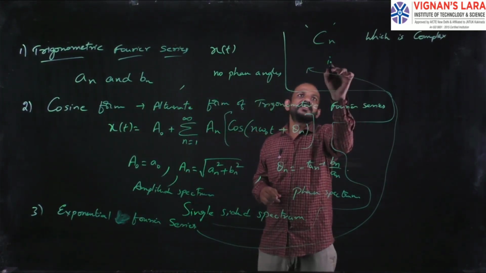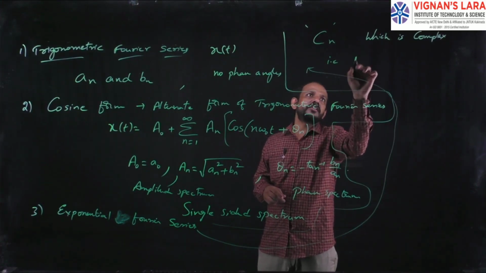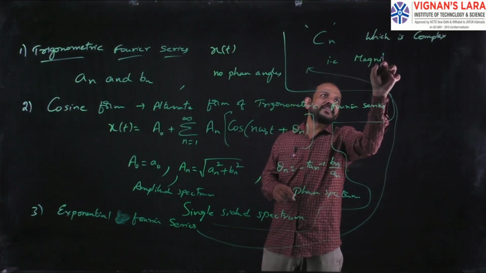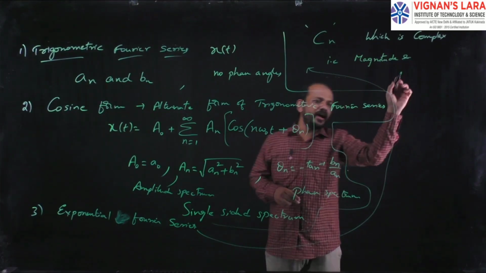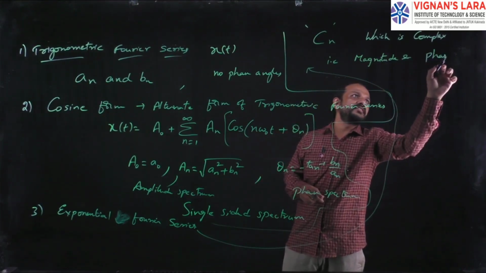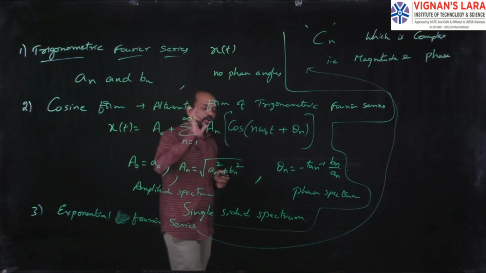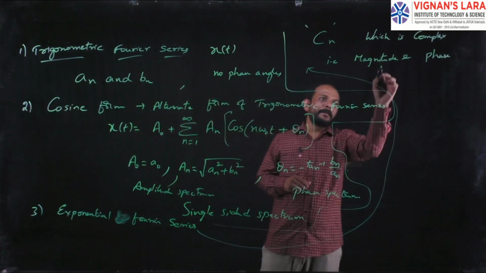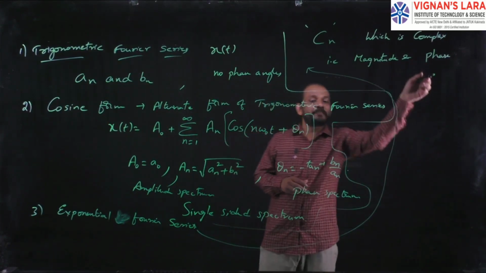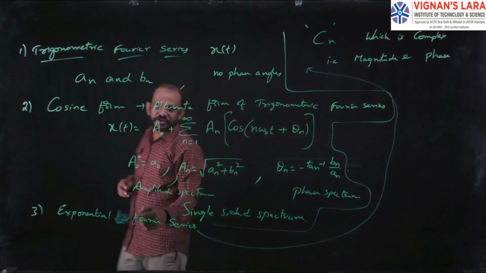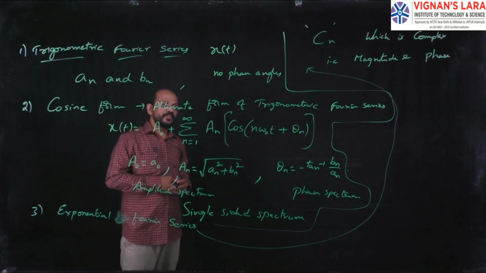That is, it has both magnitude and phase. Hence, we can draw the magnitude spectrum as well as the phase spectrum for this exponential Fourier series.